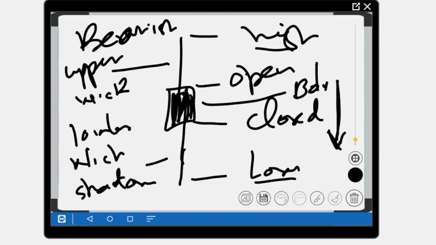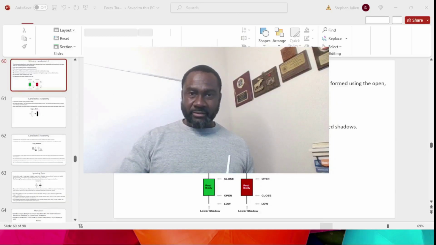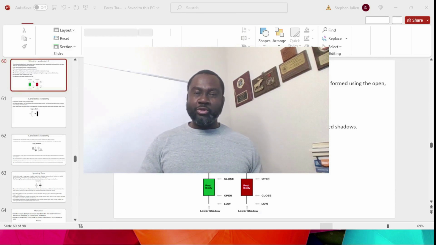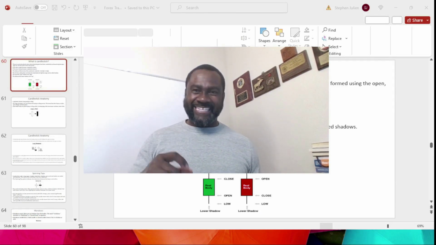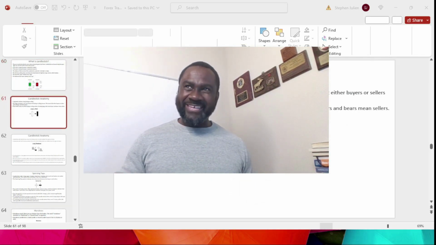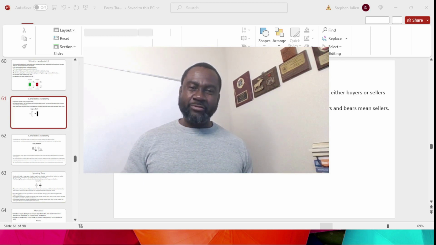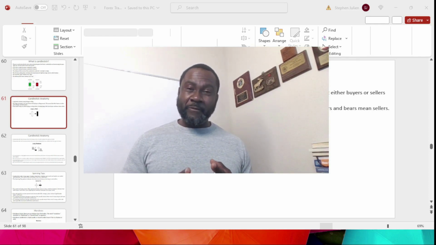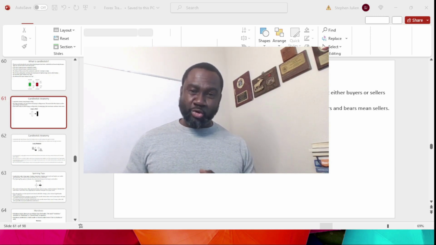This is going to be important to us because when we are looking at the candlestick, what is it telling us? The size of the candlestick. There are long candlesticks and there are short candlesticks. Let's look at the size and what the market is telling us depending on the size of the candlestick.